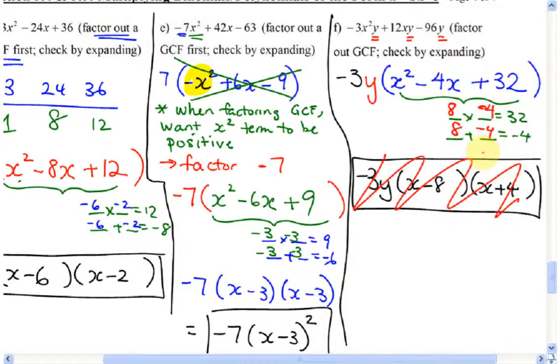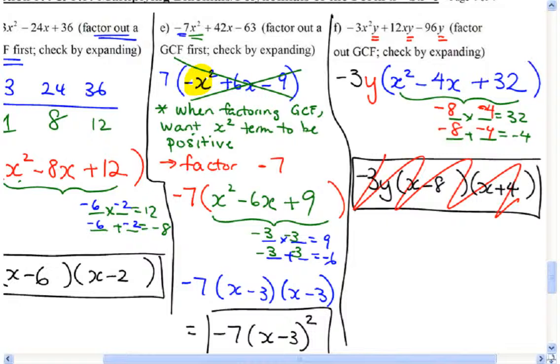In this case, 8 plus negative 4 gives you positive 4. Uh-oh. And 8 times negative 4 gives you negative 32. Uh-oh again. So, are they both negative? Okay. That means negative 8 times negative 4 is positive 32. Yes, that works. Negative 8 plus negative 4, that gives us negative 12. That doesn't work.